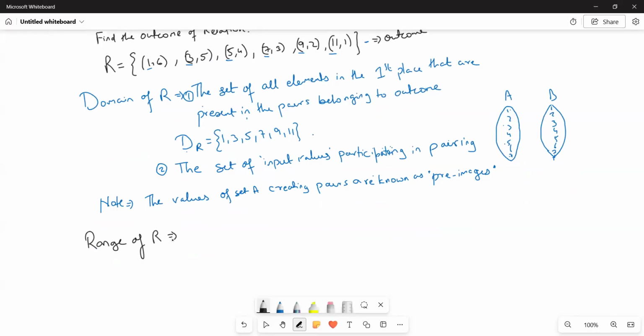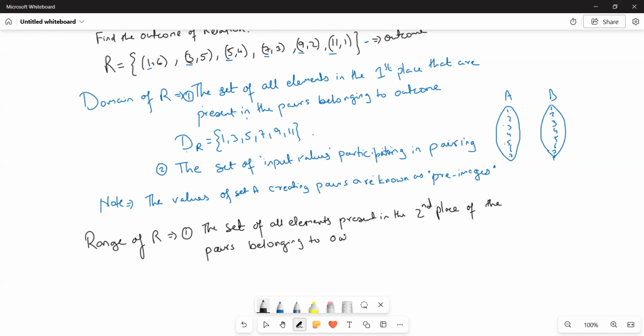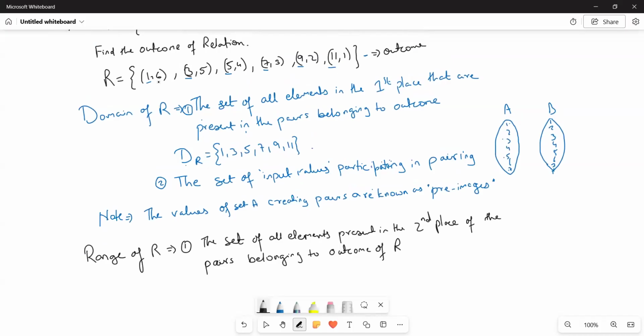Now, range of R. The range of R is defined as, if you look at the first definition, the set of all elements present in the second place of the pairs belonging to the outcome of R. If you look at the example again, what are the elements present in the second place? 6, 5, 4, 3, 2, 1.